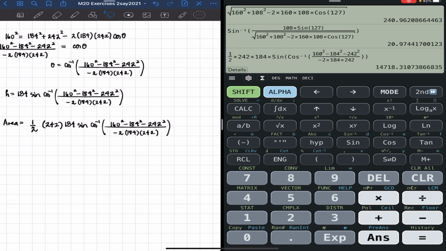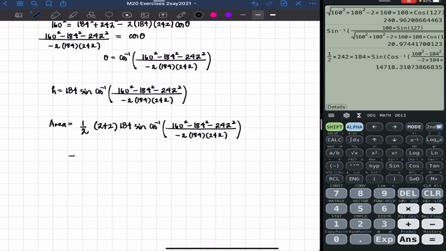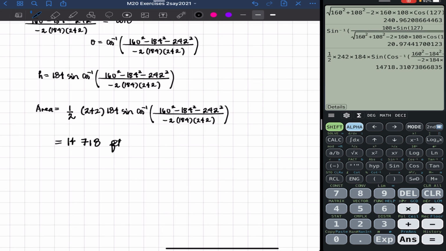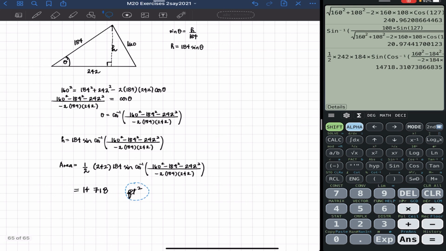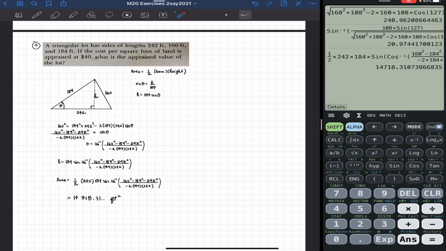Okay, so ang area natin ay, ang laki naman ang area nito. So roughly 14,718 anong unit? Feet square. Okay, so yan yung area. May mga point something pa yan. Tapos, tawag dito, ang appraisal ay $40 per square foot.